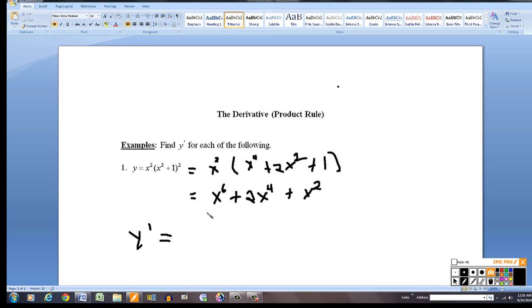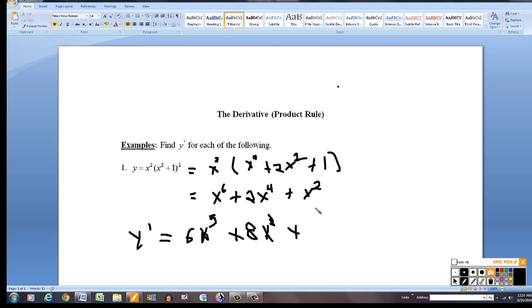The derivative of x to the 6th using the general power rule would be 6 times the coefficient, which would be 6 times 1, which is 6. Then I subtract 1 from the exponent, and I get a 5. Plus, in the same way, multiply the exponent times the coefficient. That'll give me 8x to the 3rd. Subtract 1 from the exponent.